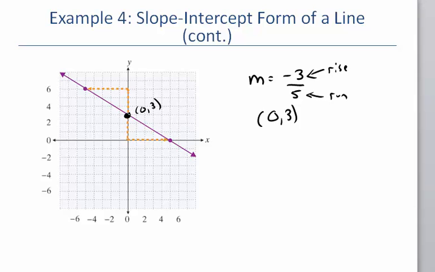So if the rise is -3, that means we're going to drop down 3. 1, 2, 3. The run is 5, so that's a +5. 1, 2, 3, 4, 5. And here lies our second point. Once you have 2 points, then you can connect those points and draw a line.